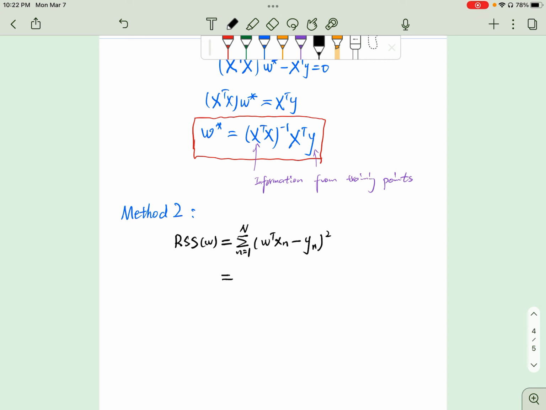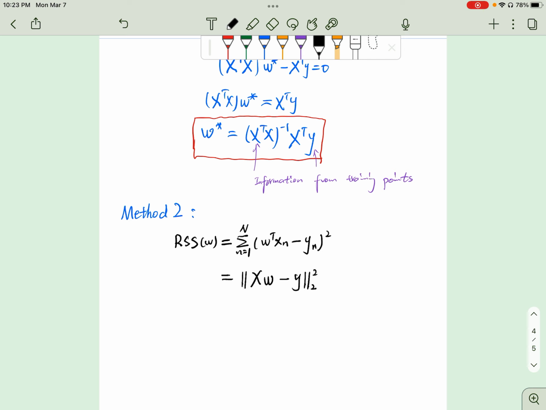You should convince yourself that this one is equal to X omega minus y. So this X is the matrix we just defined, and omega is the weights vector. So we take the Euclidean distance here.